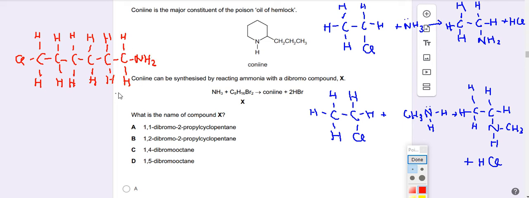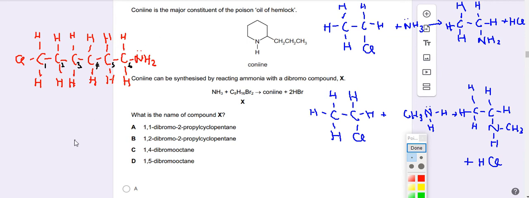Okay, so what will happen is this nitrogen with lone pair will attack this partial positive carbon. Now let me number the carbon: 1, 2, 3, 4, 5, and 6. Yeah. So nitrogen will attack the carbon number 1. So at the end, this nitrogen will be bonded to carbon number 1, like this reaction.